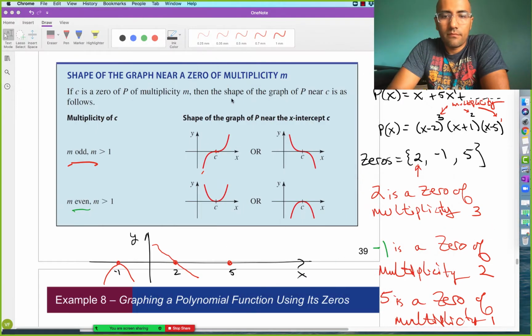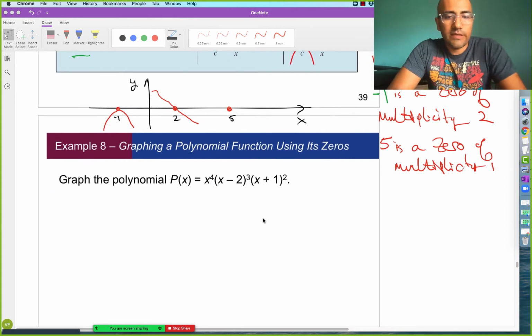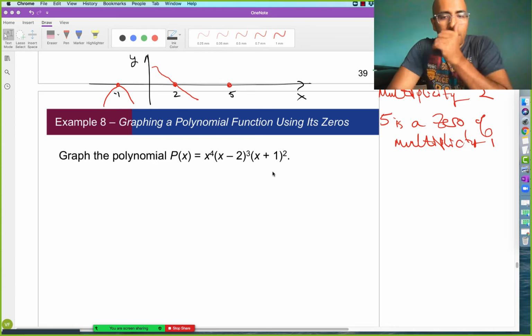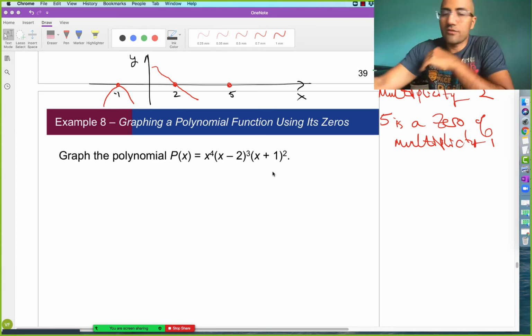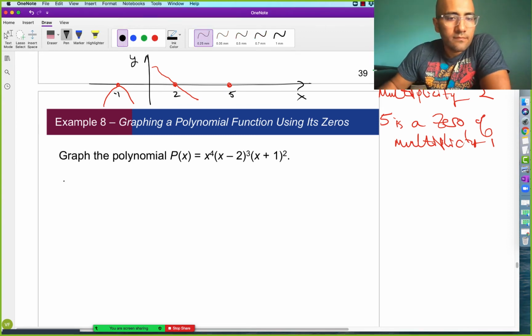Okay, so now let's look at this thing and do a rough sketch, putting together the things we know. Let's see, first of all, the zeros. That's going to be easy. Let's put a little table, and we'll put zeros and the multiplicity.